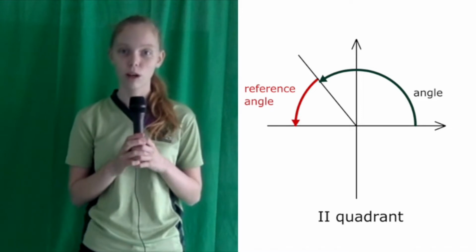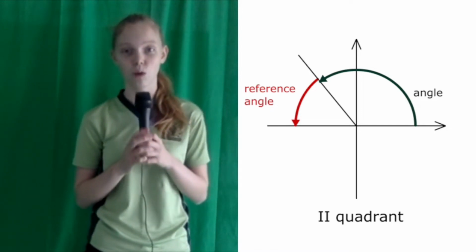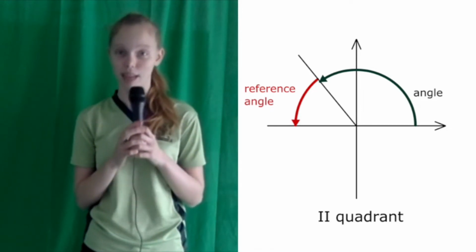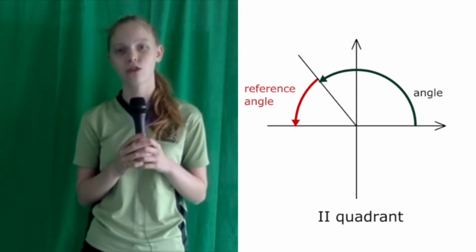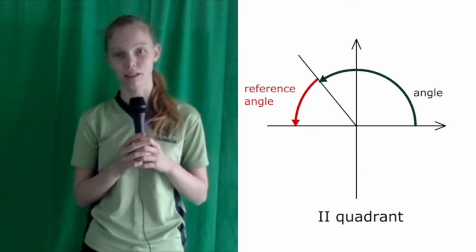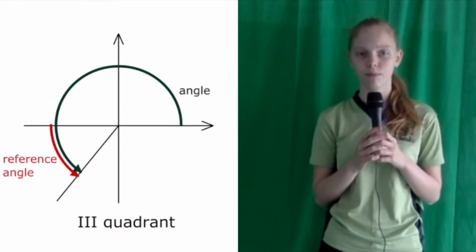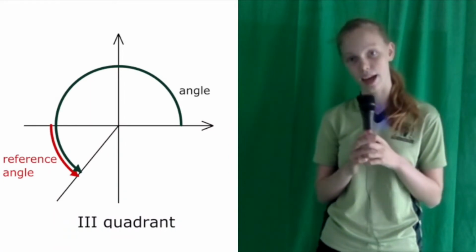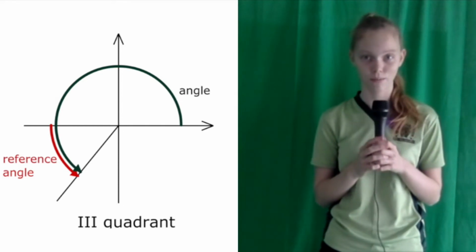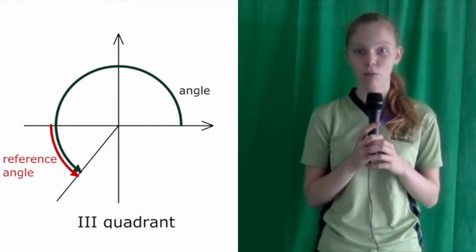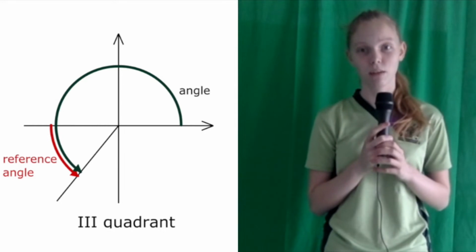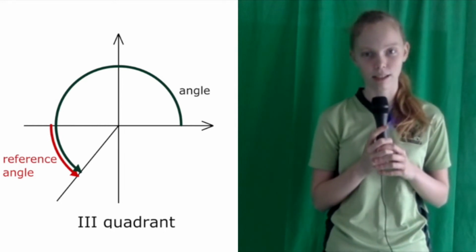In the second quadrant, the reference angle is 180 minus the angle. So if we have 120 degrees, the reference angle is 60 degrees. In quadrant 3, the reference angle is the angle minus 180. So, for example, if we have 190 degrees, the reference angle is 10 degrees.